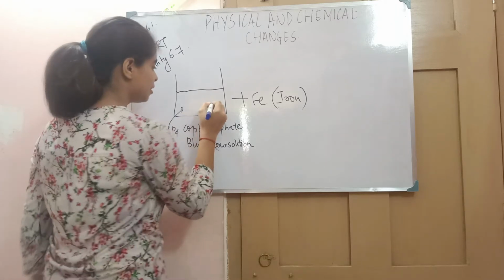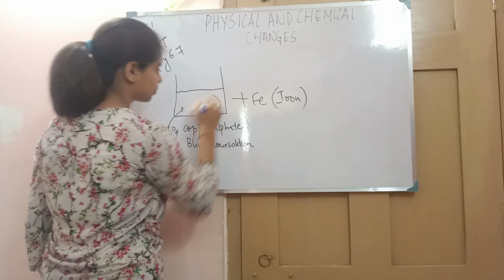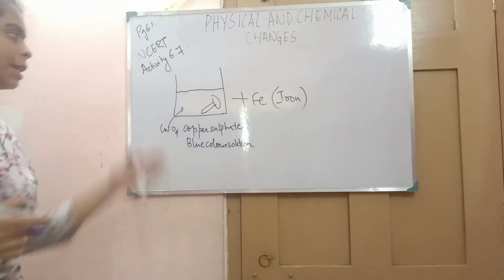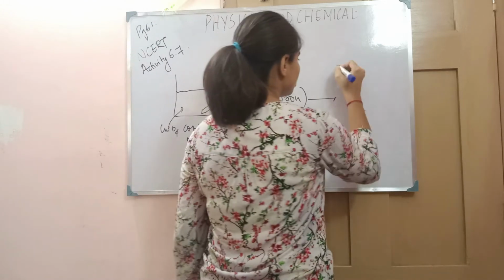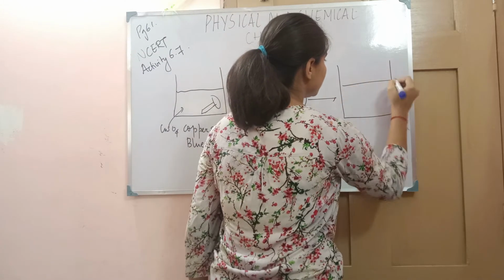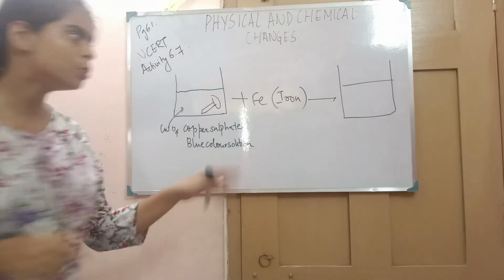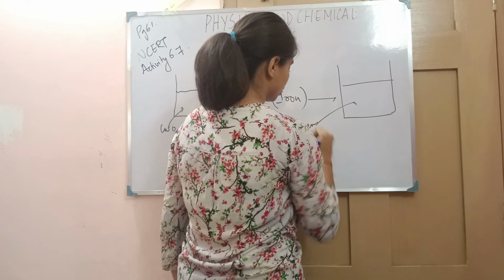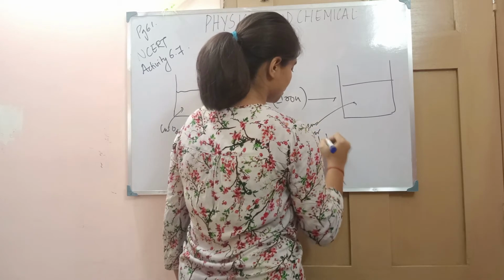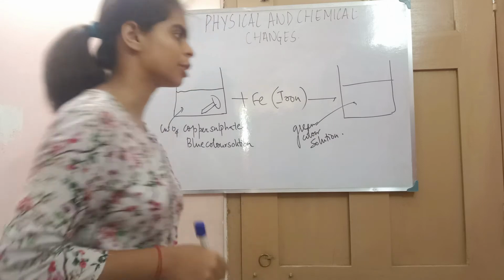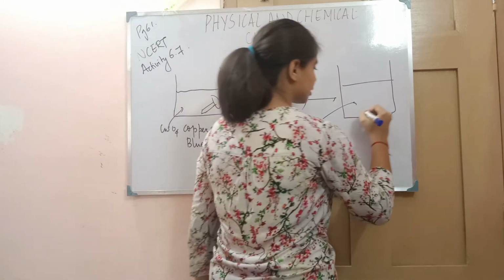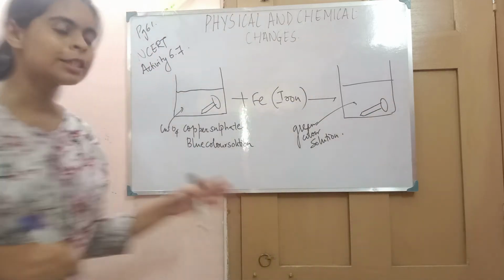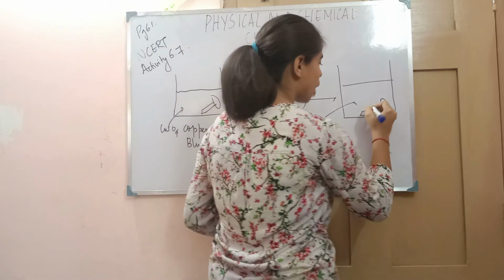Suppose you have added an iron nail, and if you keep it for a long time, you will see that this blue color solution has converted into a green color solution. And on the iron that you have placed inside, you will see a brown color coating.